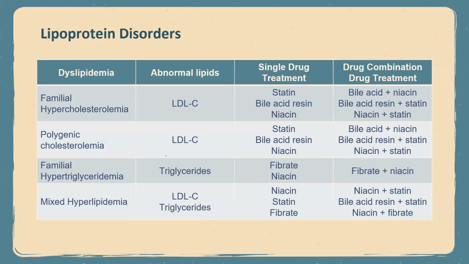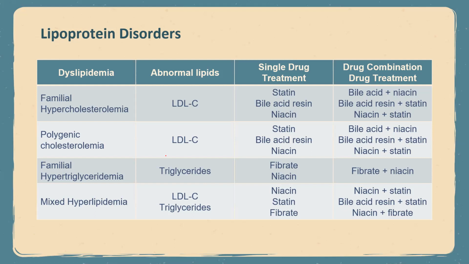We have classes of lipoprotein disorders. These are treatable with diet and drug therapy, which include familial hypercholesterolemia, polygenic cholesterolemia, familial hypertriglyceridemia, and mixed hyperlipidemia.